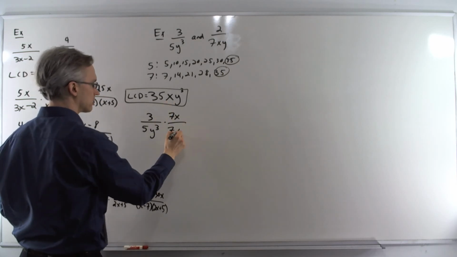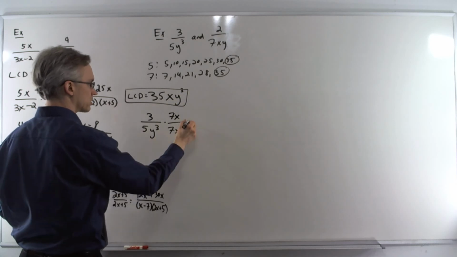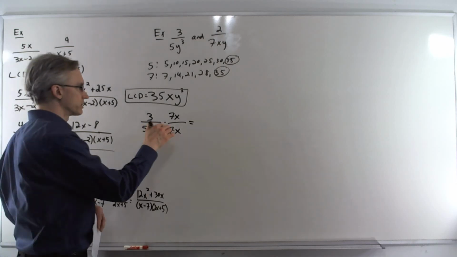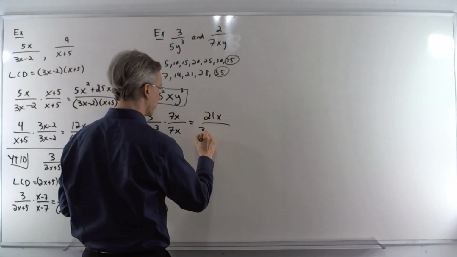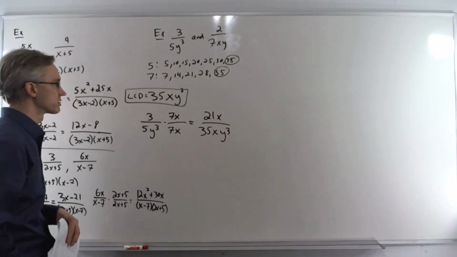Keep the x. And then y to the third divided by y to the third is 1. So what we need to multiply by is 7x. 3 times 7x is 21x. Multiplying all this out, we get 35x y to the third. So now we've got our LCD as the denominator.